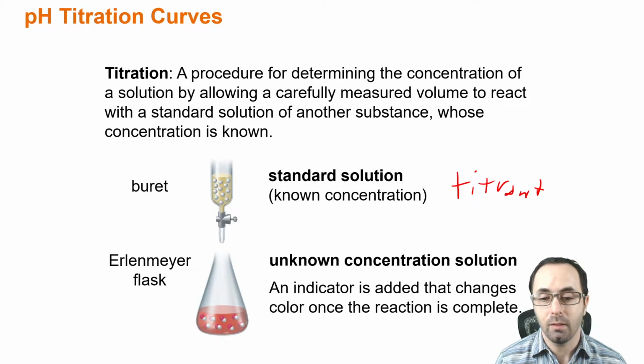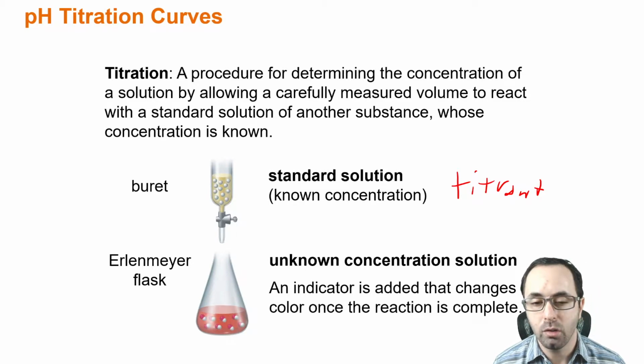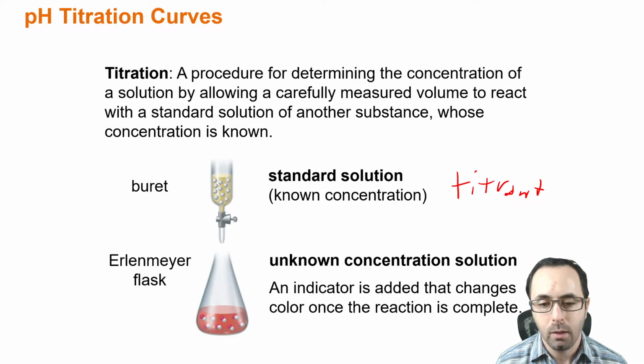And so you guys saw some titrations you did previously in the lab. For all of your titrations, you used the acid-base indicator phenolphthalein, which changes color at pH approximately 9.